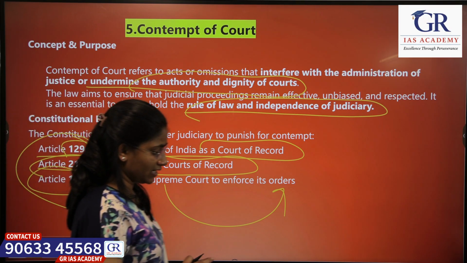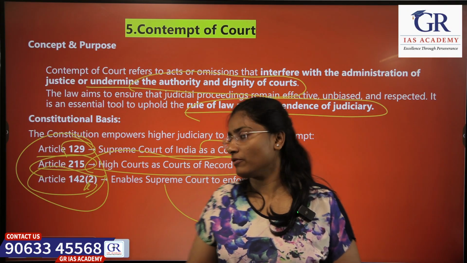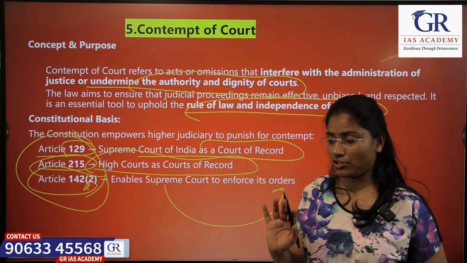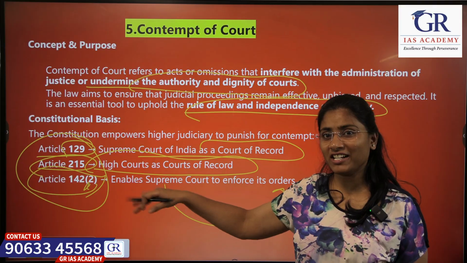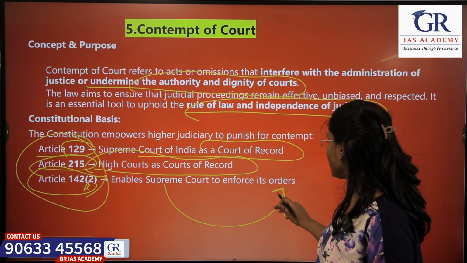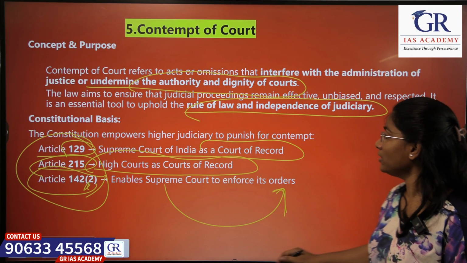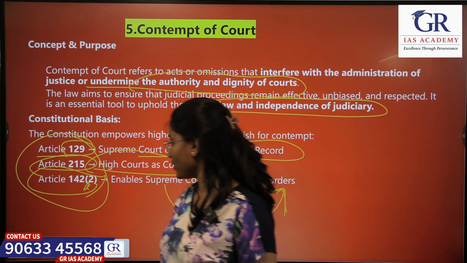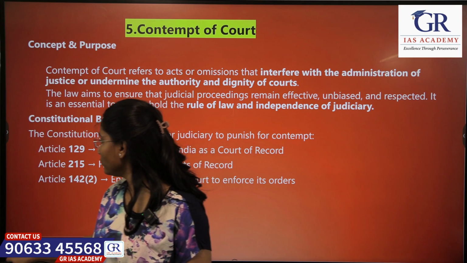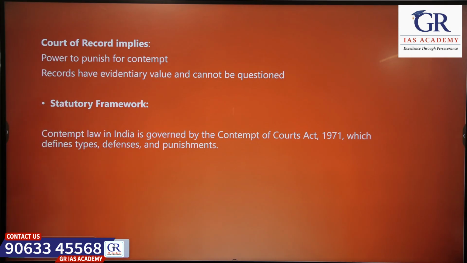Let's say someone has disobeyed the Supreme Court decision. The Supreme Court itself enforces its orders with the help of police or other people, using this 142 subclause 2 for the enforcement of court orders.